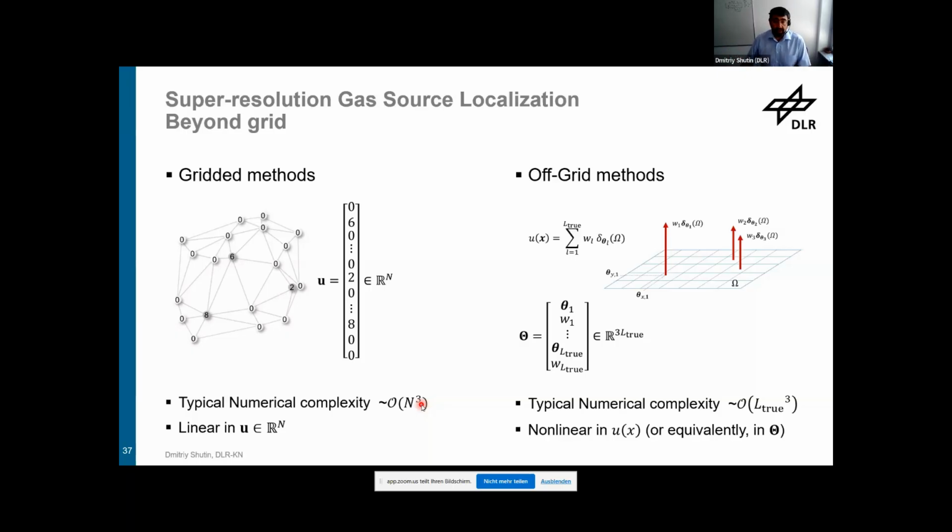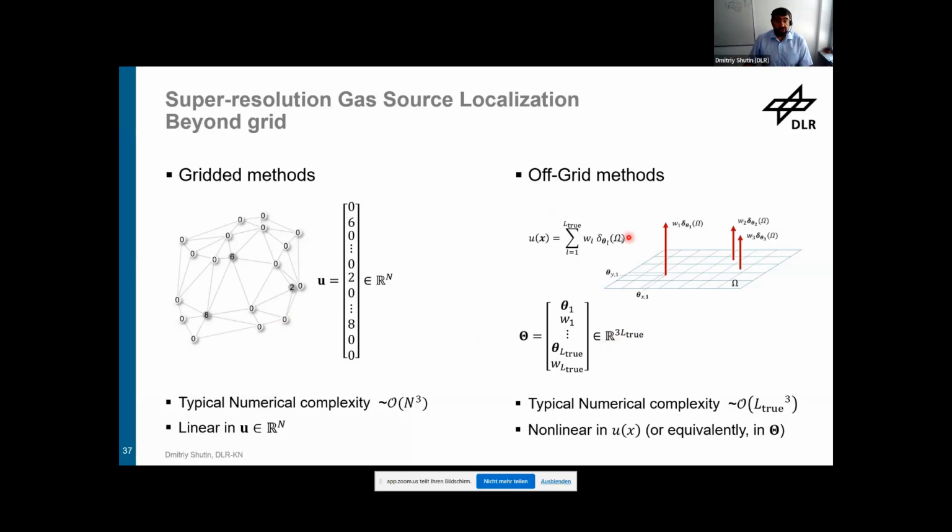So per source, I have 3 parameters, 3 unknowns that I want to estimate. And if I have a number of sources on the order of 3 or 5, which we would typically have, then in total, we have like 10 parameters to estimate. So this is nothing in comparison to the millions of unknowns that we have for the gridded method.